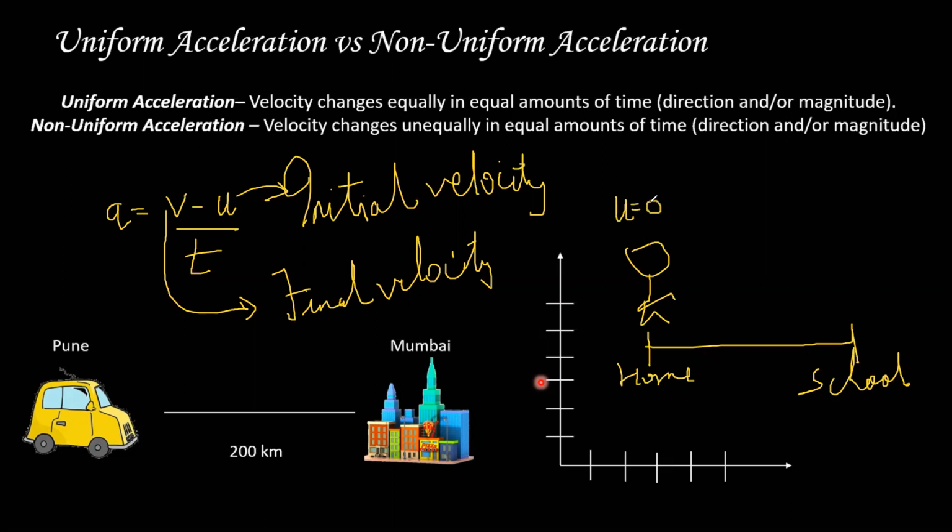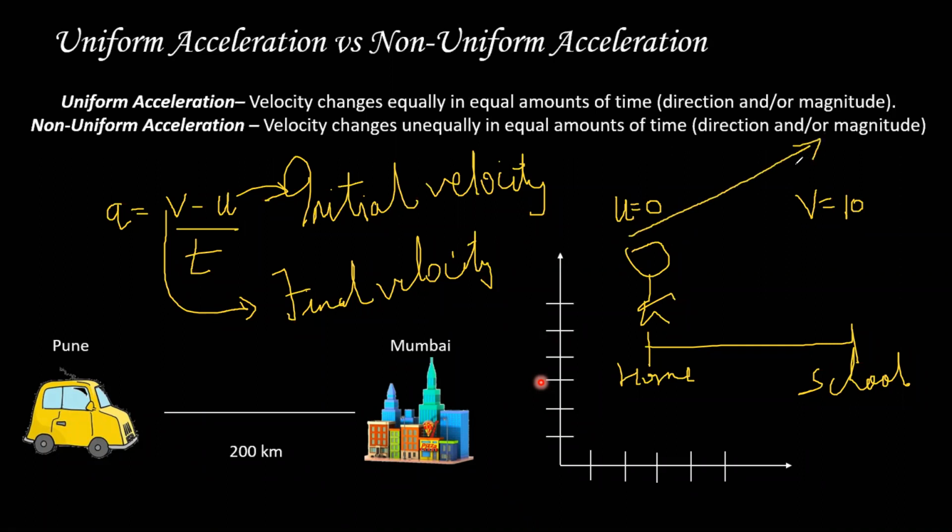So I will say my initial velocity is 0. And when I was near the school, I was walking very fast with a speed of like 10 kilometers per hour. Okay. I was like Usain Bolt or something. So I would say my acceleration was, I went from 0 kilometers per hour and my speed increased to 10.